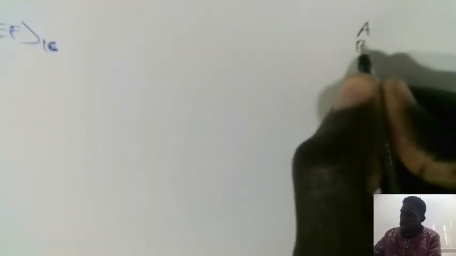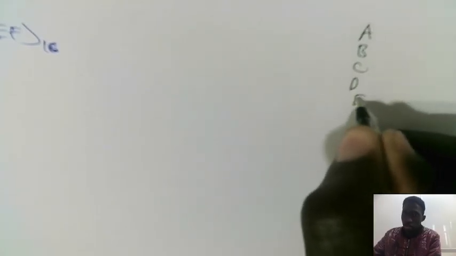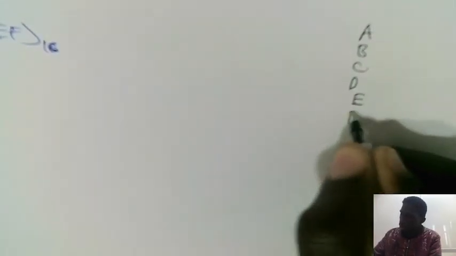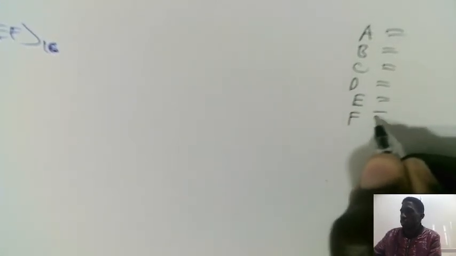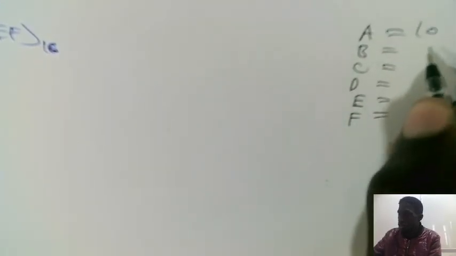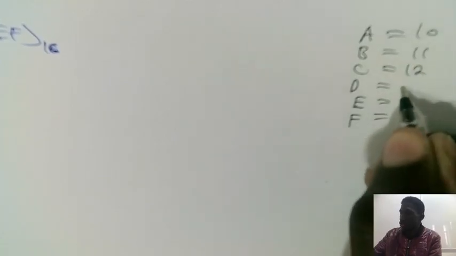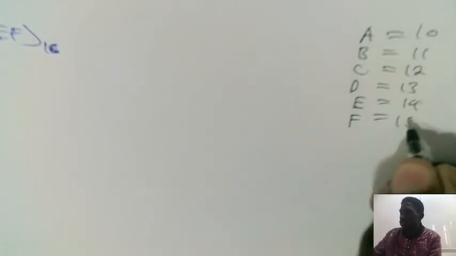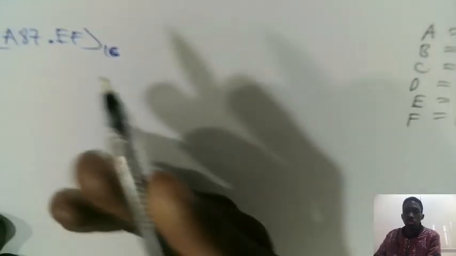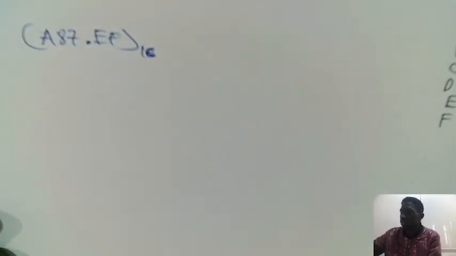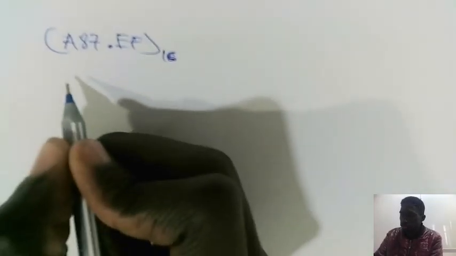So as usual, you want to get your letters and what they represent. So A represents 10, B 11, 12, 13, 14, 15. So we now have what each letter represents, which would now help us in converting this to base 10.